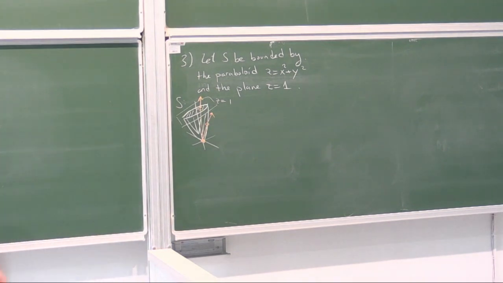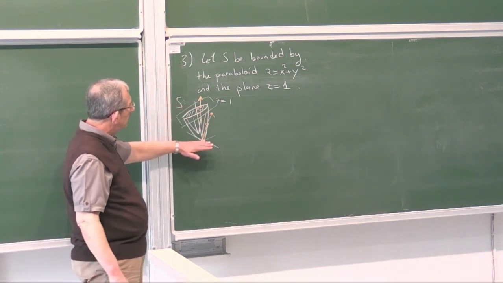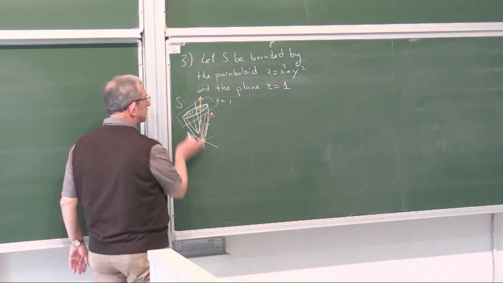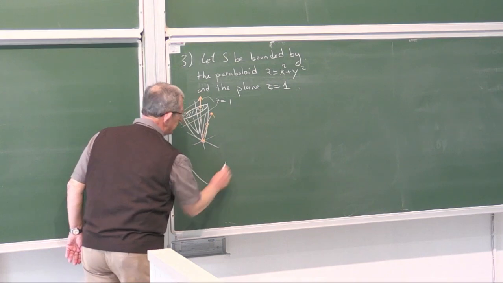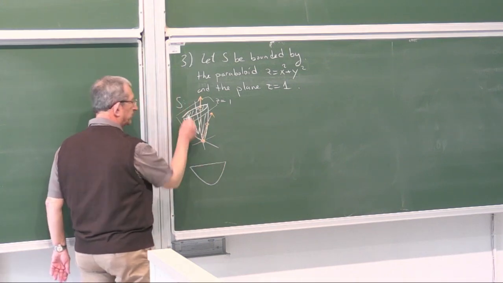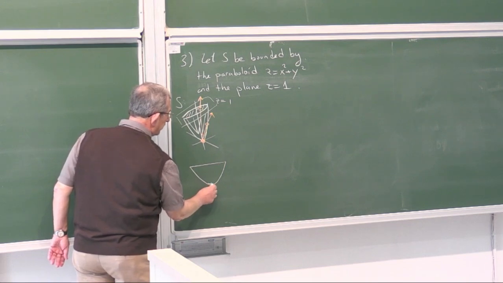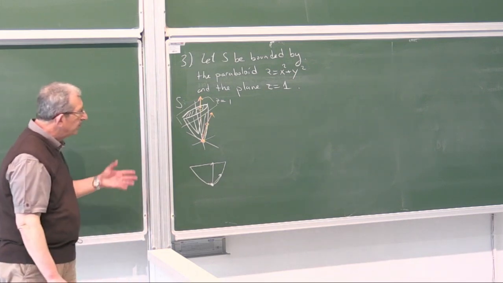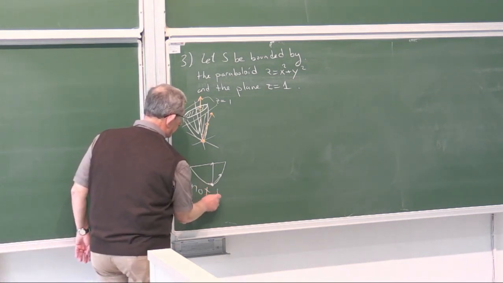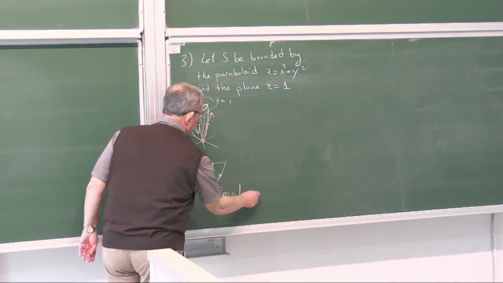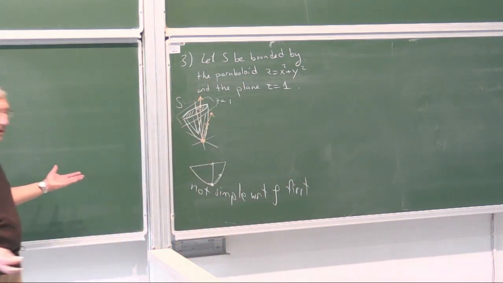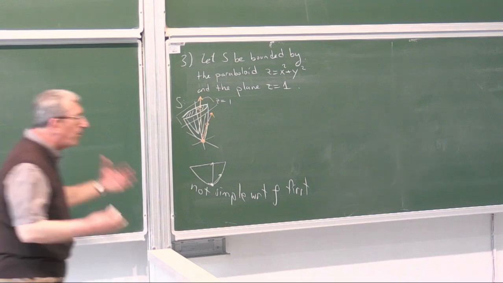Which means that sometimes you leave from the plane at the top, z is 1, but sometimes you leave from the paraboloid. To see this better, just take a cross section and exaggerate. This is the paraboloid. This is z is 1. You start from here, you move up to here, or you move up to here. So this is not simple with respect to rho first, which means that we have to make it simple by decomposing it.